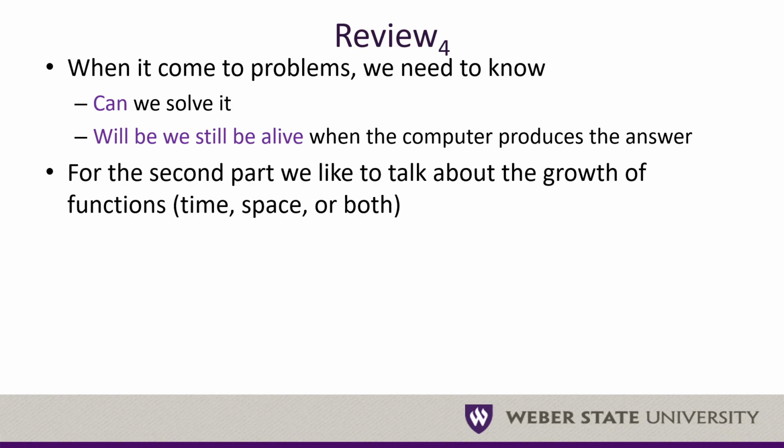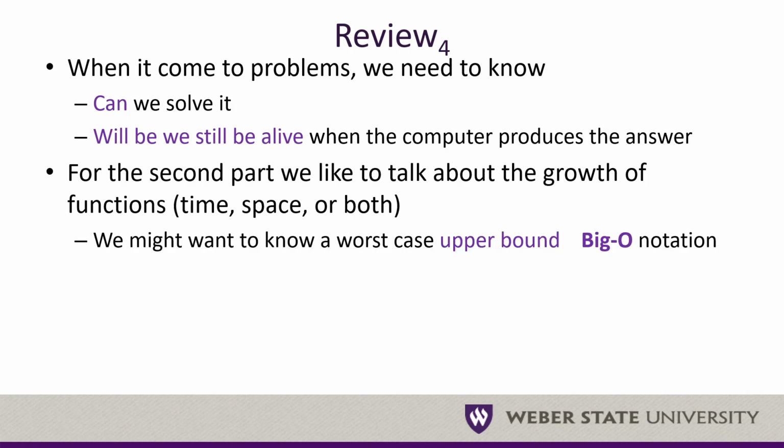But we talked about growth of functions, both in time and space. And we looked at different notations, asymptotic notation, that talk about this. Big O notation is an upper bound. It's a worst case. What's the worst that our program can perform, either in time or space?